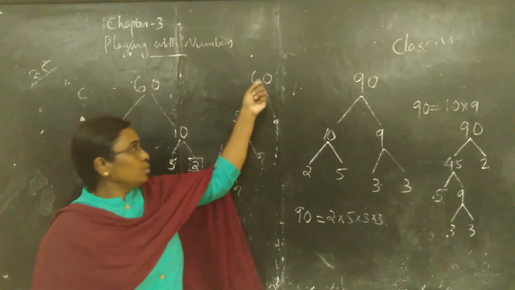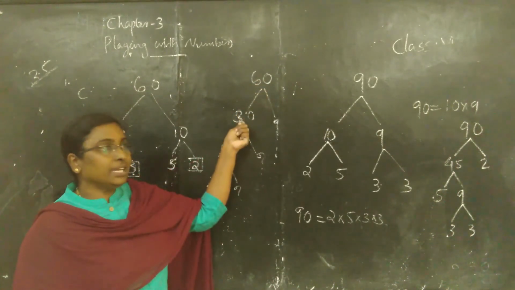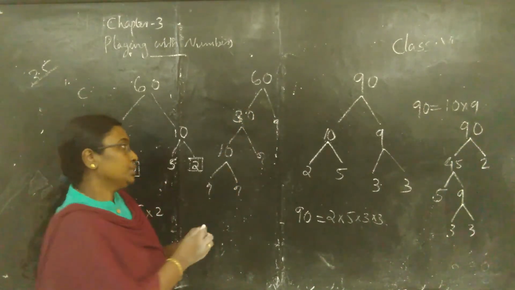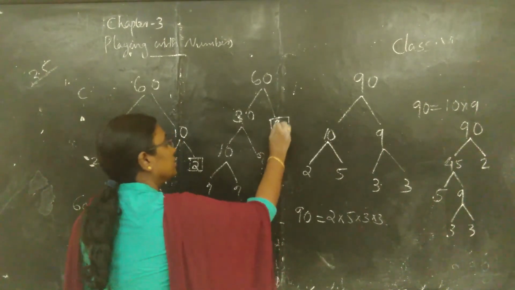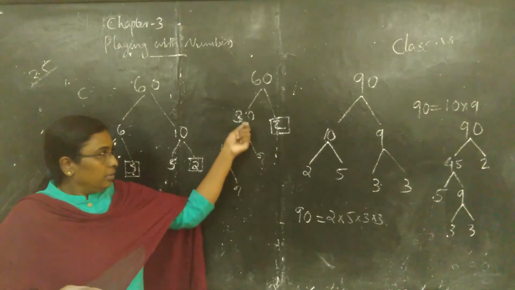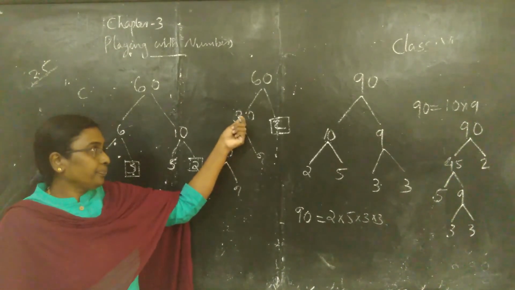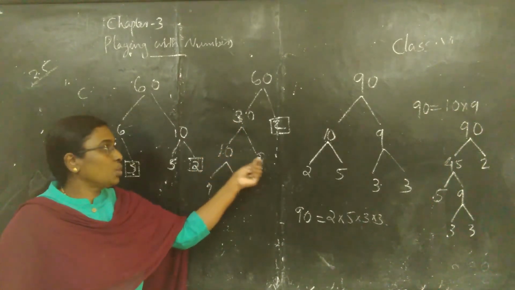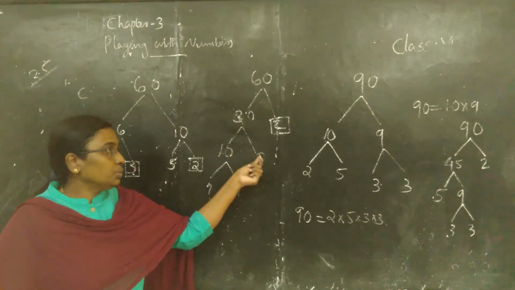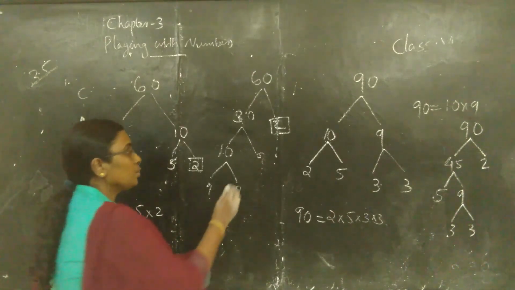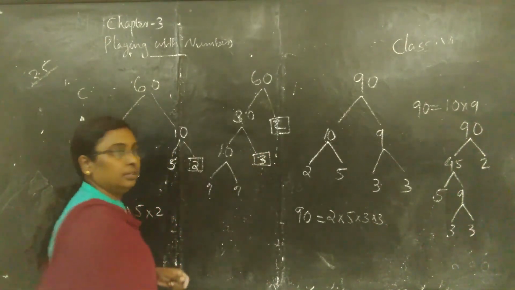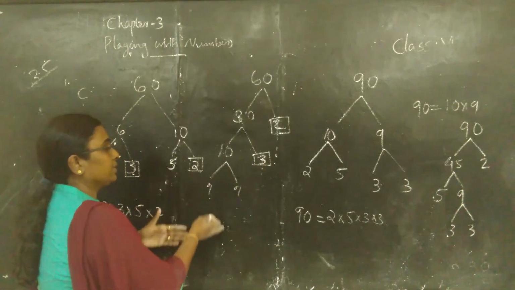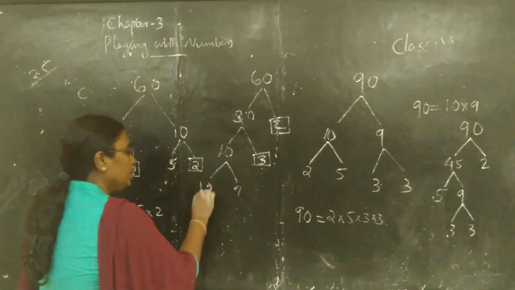In this case also, 60 can be written as 30 into 2. 2 is a prime number, but 30 is not, so we factorize 30 again. 30 equals 10 into 3. 3 is a prime number, but 10 is not, so 10 can be factorized again as 2 into 5.